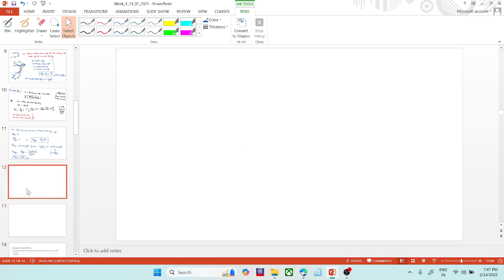Okay, few more definitions are: for the symmetric blades, the blade angles at inlet and exit would be the same.